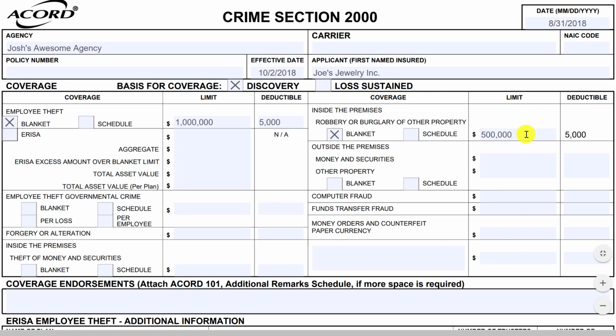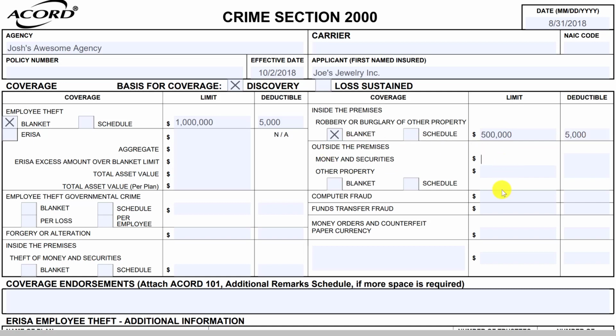On your BOP or your commercial package policy, the reason why a lot of people don't fill out the Acord 141 is because this sort of stuff is automatically covered. But when you're dealing with a jewelry store or a bank or something with a lot of cash on hand, like a paycheck loan type place, that's where you're going to need the 141 to give you extra coverage that the normal bells and whistles included coverage don't include.